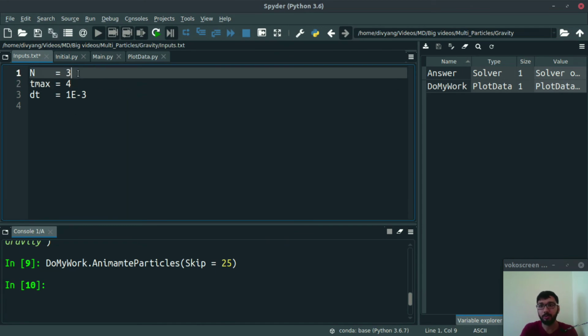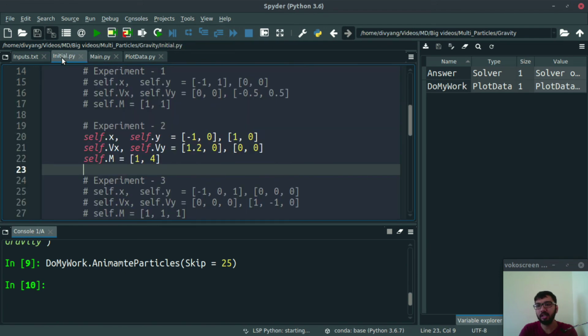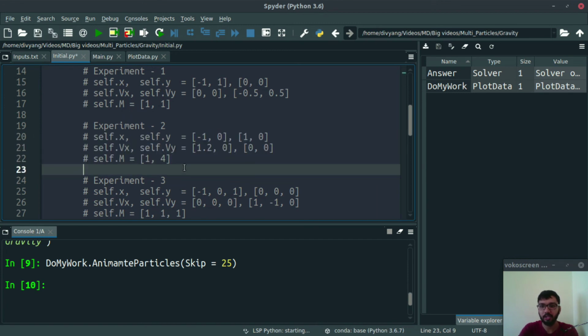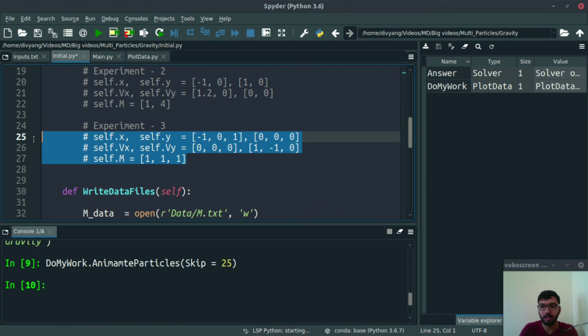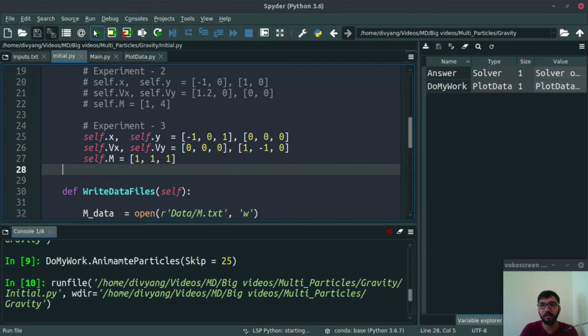We want to simulate 3 particles, and we want to run this simulation for 6 normalized units of time. Okay, let's initialize our problem. So these are the inputs for our 3 particle system. Let me save all the changes and run this.